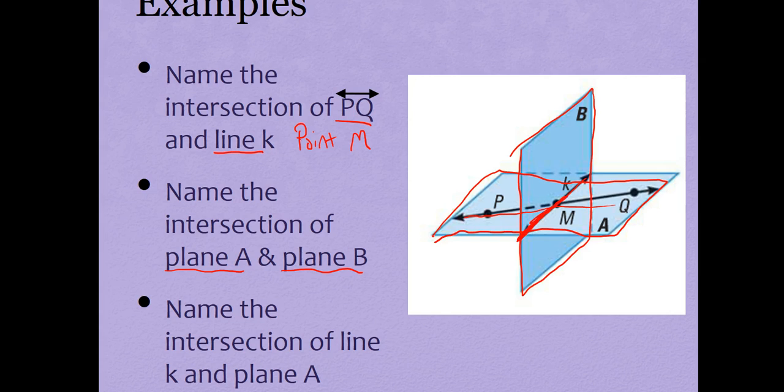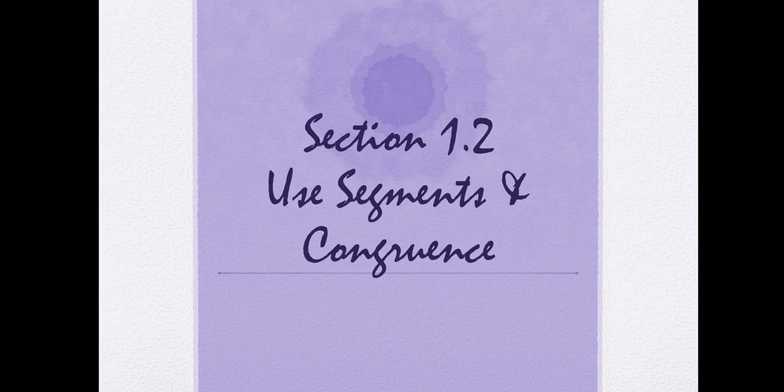They intersect each other right across here, which is actually line K. And then it says name the intersection of line K and plane A. And that one's kind of a tricky one because that's still line K. Because line K actually is inside this plane, so that intersects on that whole line. And that's it for section 1. Just again, be very careful with naming points and naming lines and rays and planes.